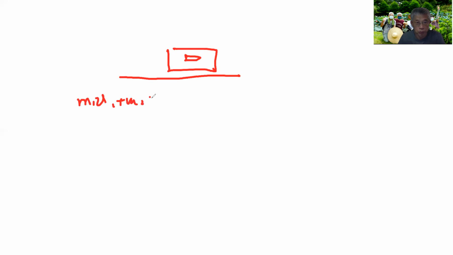Case 2, let's do it. I have the bullet and it got stuck. So M1 V1 plus M2 V2, and since it's stuck we can use M1 plus M2 and then V prime.